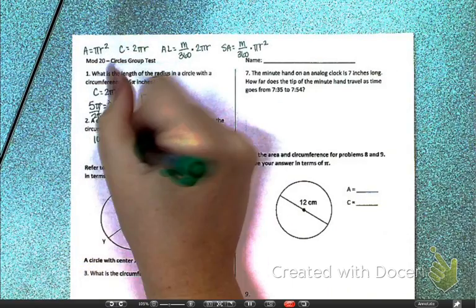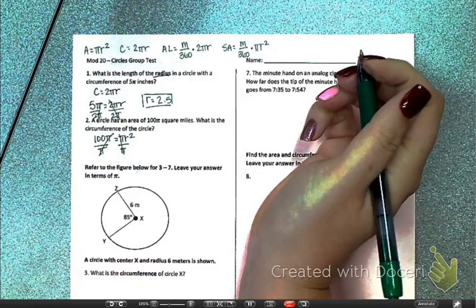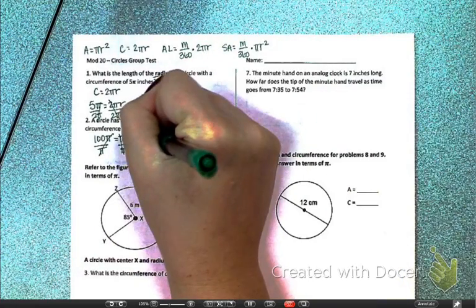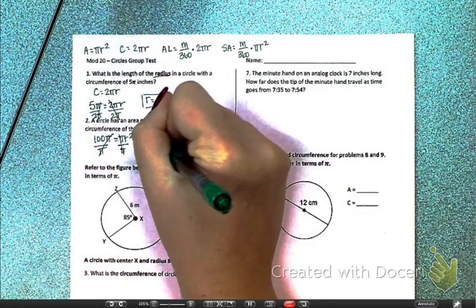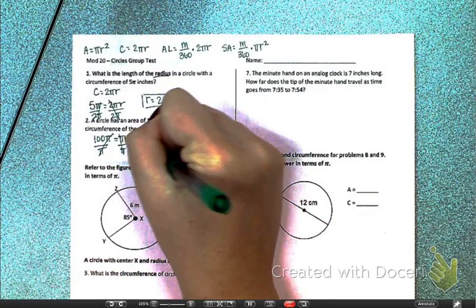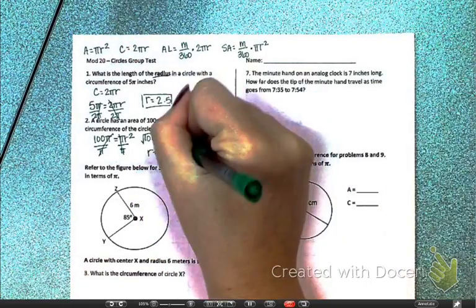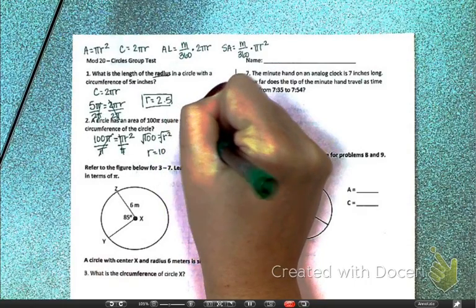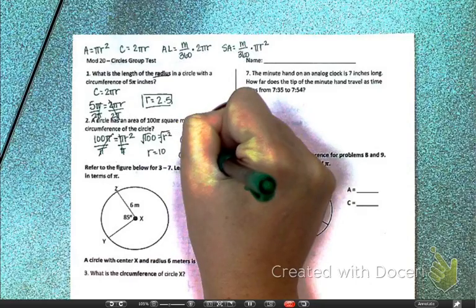So I'm going to divide by pi. 100 equals r squared. And when I take the square root of both sides, I get r equals 10. But I need the circumference. So circumference equals 2 times pi times r, or 20 pi miles.